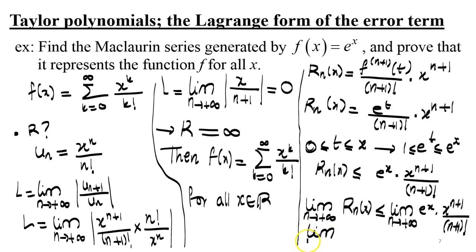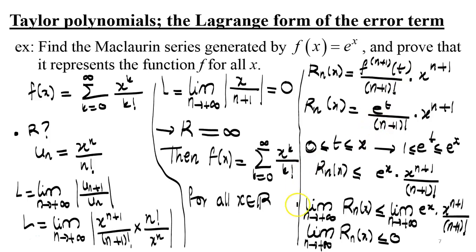So I do have that the limit when n is approaching positive infinity of R_n of x is smaller or equal to 0. However, you'd notice here that e^t is between 1 and e^x, so it means that R_n is positive.